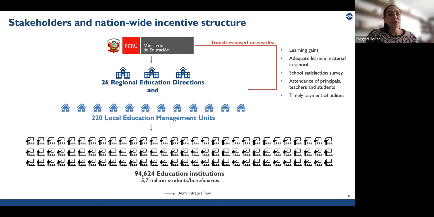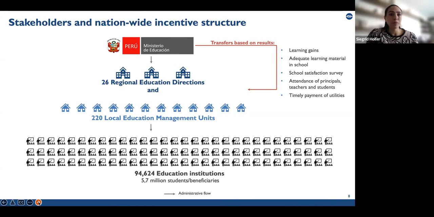This mechanism is quite complex, as you can imagine, because there are more than 250 units of government that are incentivized, covering all the around 6 million students in the country. The verification mechanism that is used is based on administrative data from the government. They have many very robust tools, such as surveys that they do on a representative sample of schools on a monthly basis.